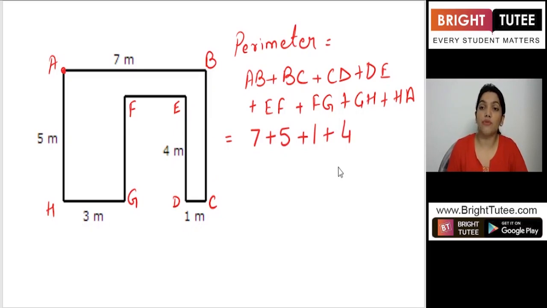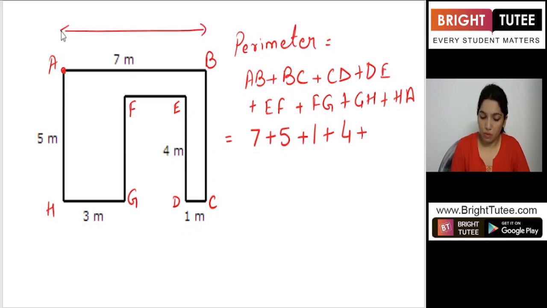Now what is the length of EF? We don't know the length of EF. Let us find out. Look at this particular length AB. What is the length of AB? It is 7 meters. Clear? Out of this 7 meters, look here, we have got GH, right? It is 3 meters.